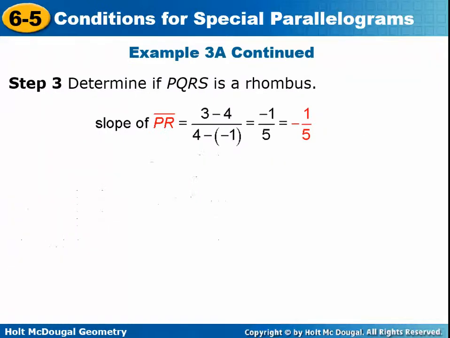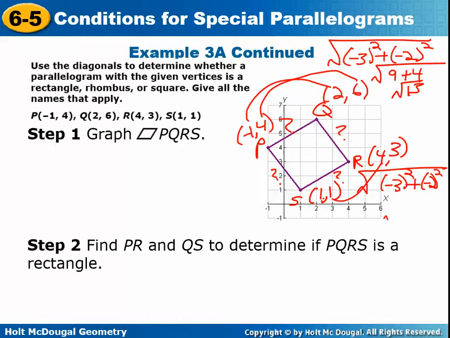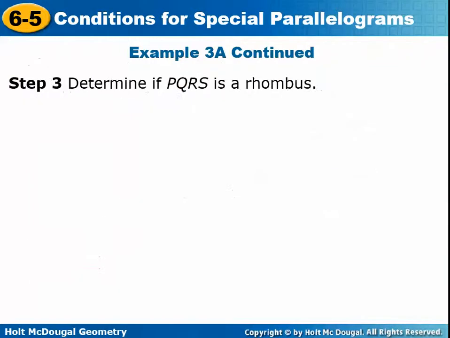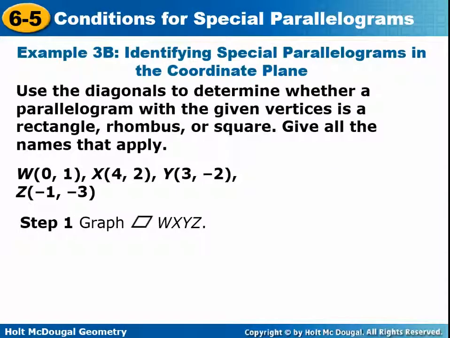So we'll just go with what I had written on the screen here. I must have messed that one up. So it is a square. It is also a rhombus. If it's a square, it's a rhombus, and a rectangle, and it would also be a parallelogram. So these are for different points.